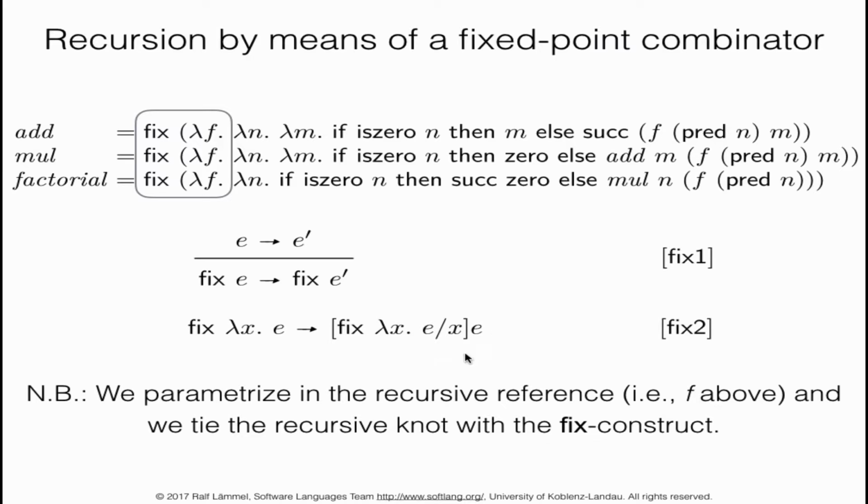So in this way we simulate recursion. And the other rule here is just for reducing the argument of fix until it's in value form. So this is a clever trick to add recursion by assuming an additional construct for a fixed point combinator.